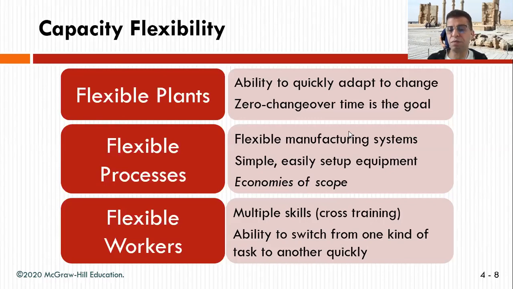And then you get flexible workers, who have multiple skills and the ability to switch from one kind of task to another. You would see this a lot in high-end operations like IT companies, and sometimes in hospitals.